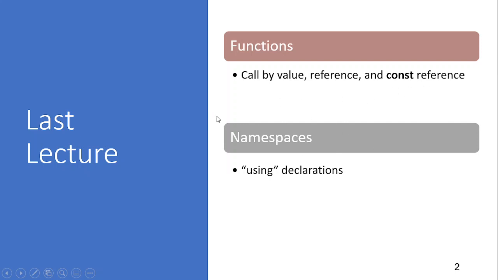Then we also talked about namespaces and using declarations, and our discussion of namespaces would hopefully clarify the purpose of using namespaces. We are not going to create our own namespaces, but this discussion was important in the context of scope of variables. Namespaces are basically named scopes, and they allow you to resolve issues with naming conflicts.